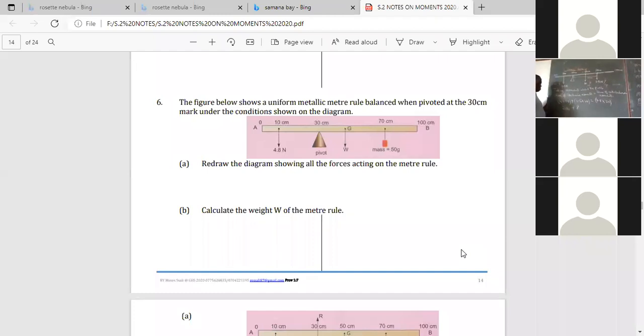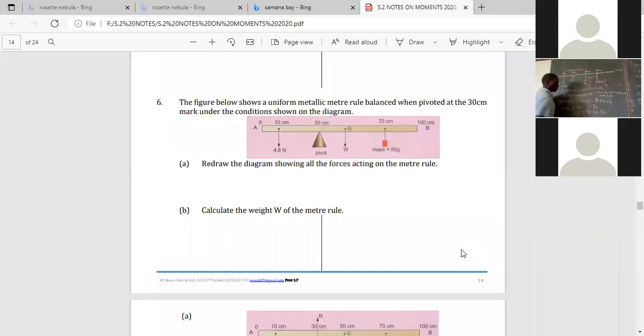Is it 20? Yes. 20 plus 20 is equal to 96. Okay. So 20W is equal to 96 minus 20. 20W is equal to 76.